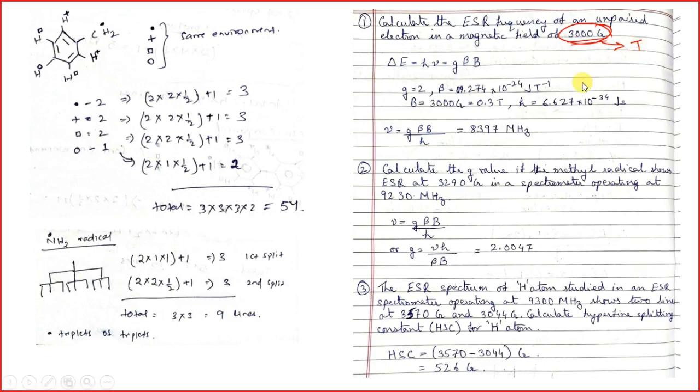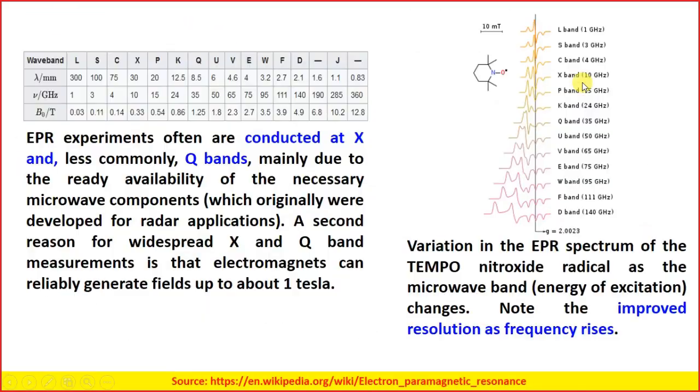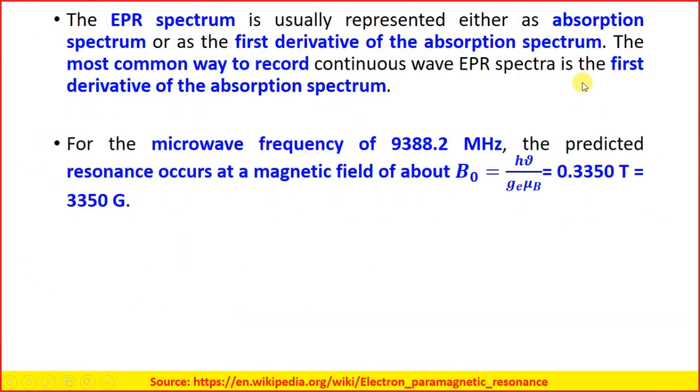So how to convert it into Tesla? I would show you the conversion factor which we discussed yesterday. If you see, 0.3350 Tesla is equal to 3350 Gauss, right? That means if you are getting the magnetic field in Gauss, for getting into Tesla, you have to divide by 10,000.